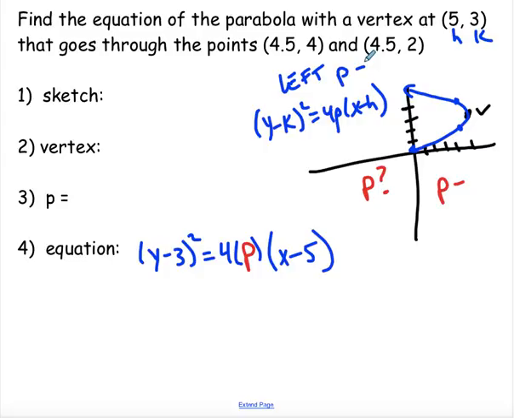So what I could do is plug one of those points in. So let's plug in this point for x and for y. Put 4 in for y, put 4.5 in for x.